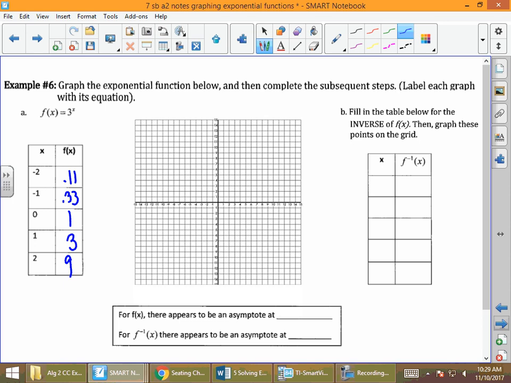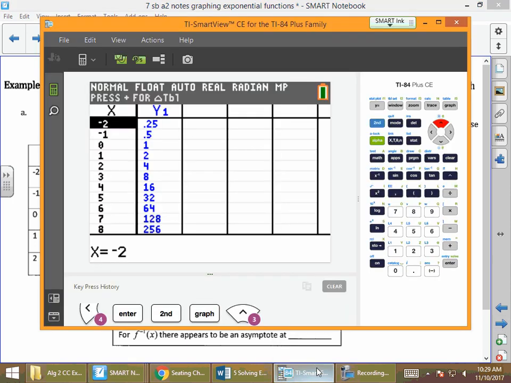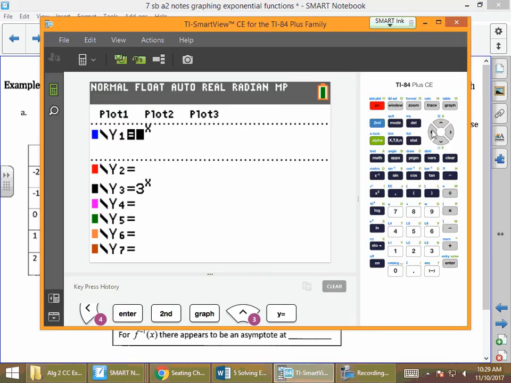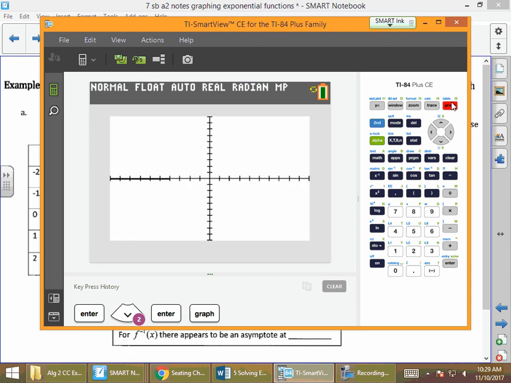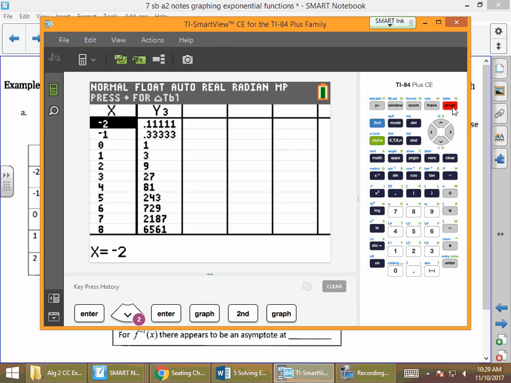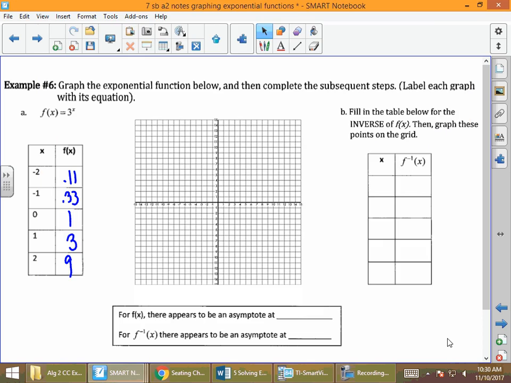And by the way, you can go to your calculator and type it in. And here comes the picture. Or even better, maybe, is getting the table. There's the values. We just went to y equals, and then we did second graph to get to our table.